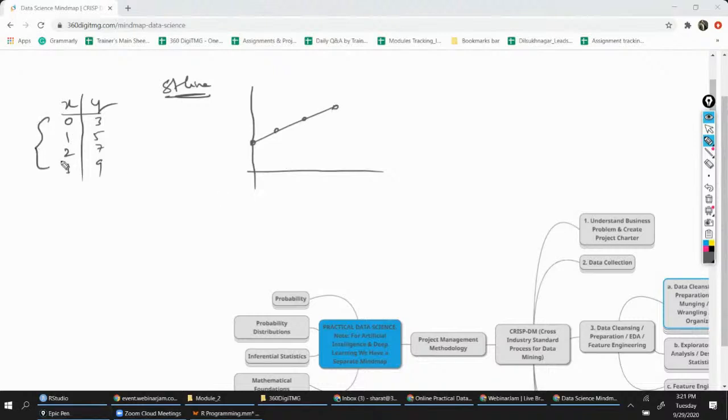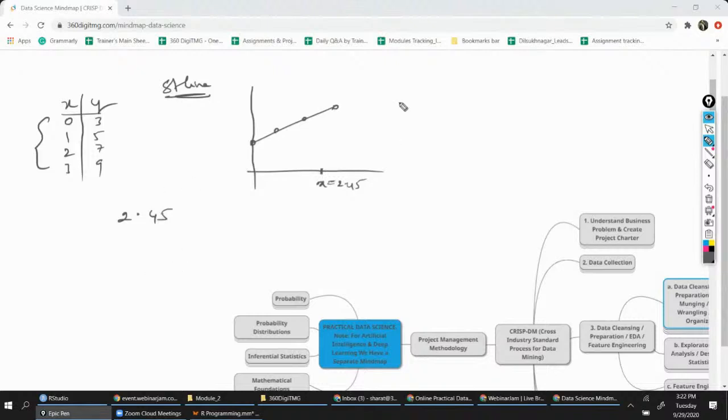But your x can be anything. X is also continuous, mind you. It could be 2.41 or 45. So if your x is 2.45, then what should your y be? I don't have that information in my data. So what could that be?